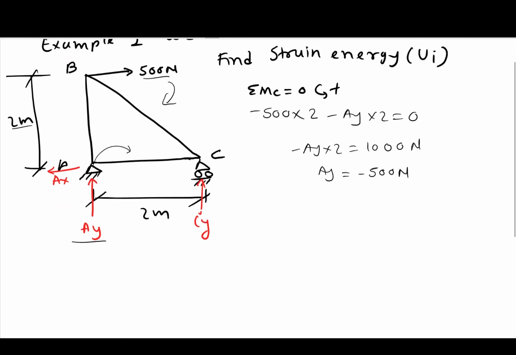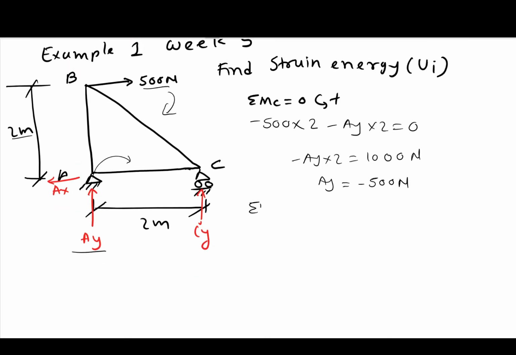Right, so we just found AY. Now we can say the sum of the force in X equals 0, left to right is positive, so AX is negative and this 500 is positive, equal to 0, so minus AX is equal to minus 500 Newton, so AX is equal to 500 Newton.